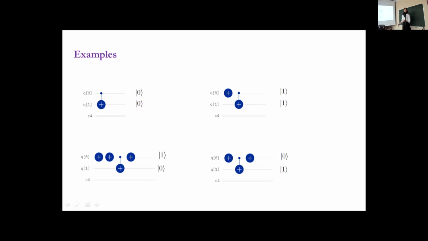This is a visual representation of a quantum program. But this is the most simple case, because we have just 2 qubits, and here we have C4. These are classical bits, because they have to be used in order to write the information from quantum programming onto some classical bits. So we have 4 classical bits here.